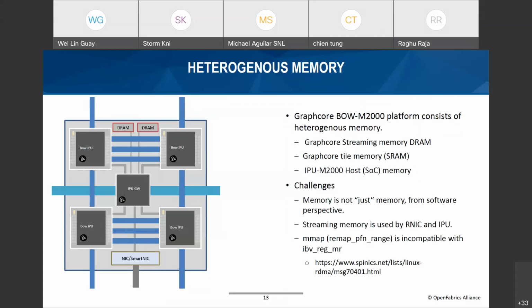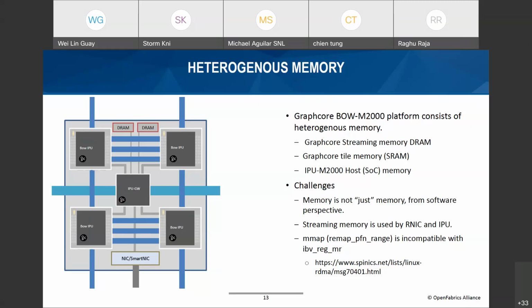From the low-level software perspective, memory on this platform is not just memory, because we cannot populate the streaming memory into the Linux memory subsystem pool, as we want it used for dedicated purposes. So we created a simple device driver to allocate the streaming memory, starting with a simple mmap. However, we hit the first challenge, where remap PFN range isn't compatible with ibv_reg_mr.